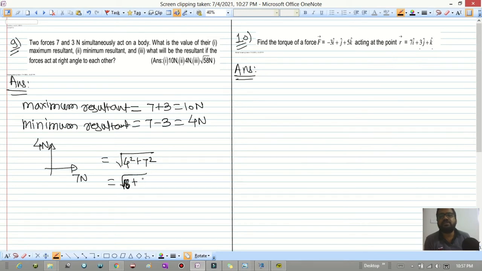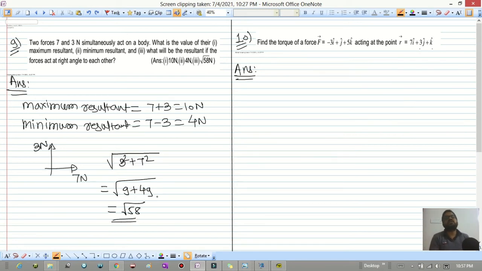Sorry, I considered 4, it is actually 3 Newton, right? So root of 3 squared plus 7 squared, which is equal to root of 9 plus 49, which is root 58. So this is the answer.